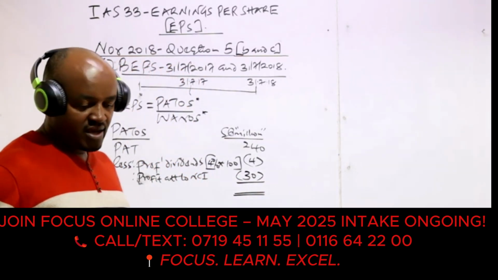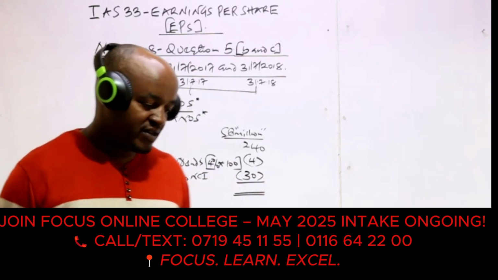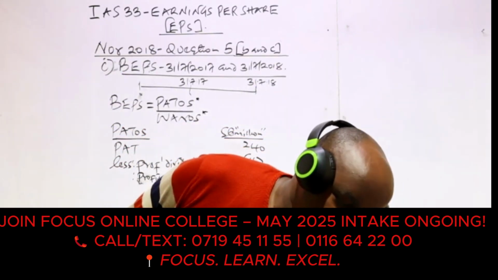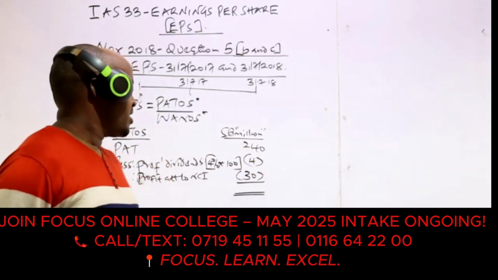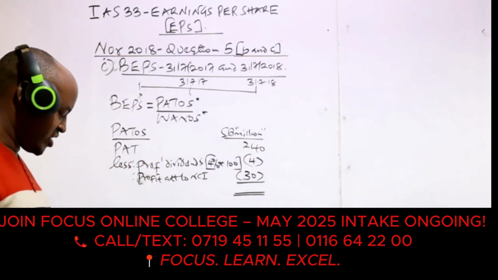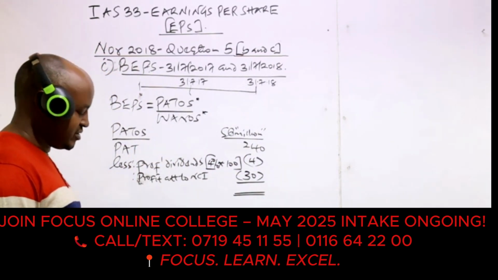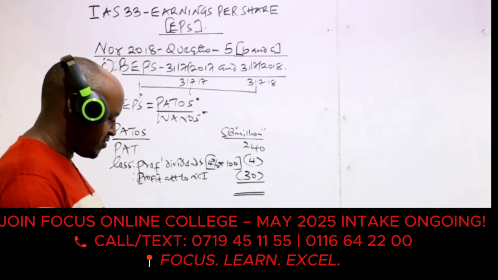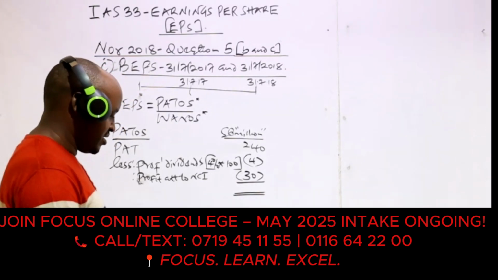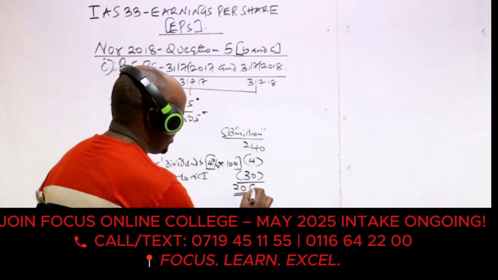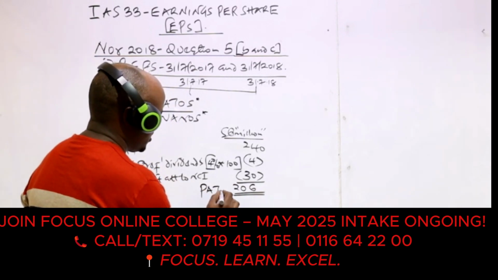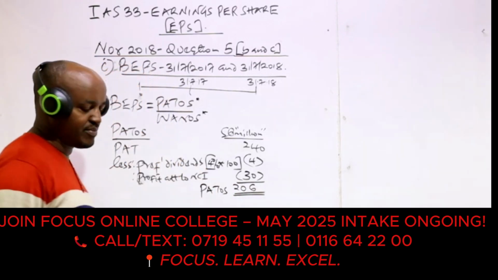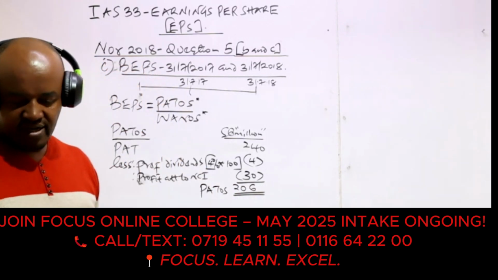So this will give us the profit attributable to the ordinary shareholders. We have 240 minus 4 minus 30, which gives us 206 million. This 206 is what we refer to as the PATOS, the profit attributable to ordinary shareholders.